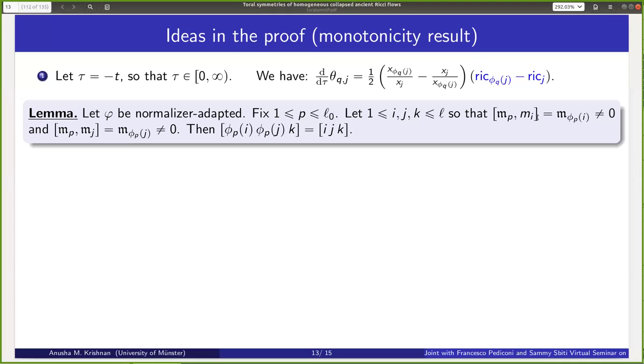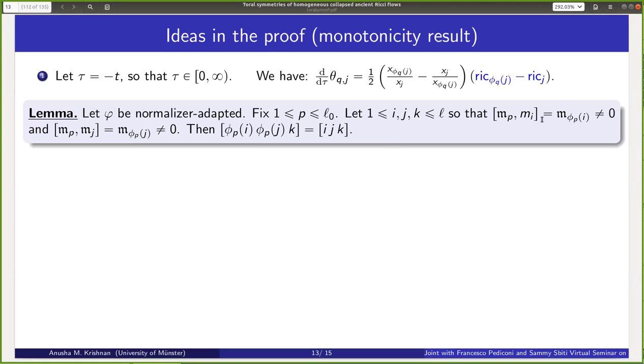Now, a consequence of the normalizer adapted condition is the following fact, which is very useful for us. So what this is saying is that if the ad VP action on MI is non-zero, it gives you another module. It gives you a non-zero module.